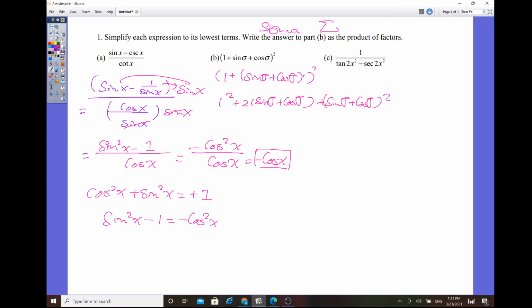That's just like the perfect square binomial, or the binomial expansion. Now you want to distribute and expand it: 1 plus 2 sine of sigma plus 2 cosine of sigma, and then plus sine squared of sigma, plus 2 sine sigma cosine sigma, plus cosine squared of sigma.